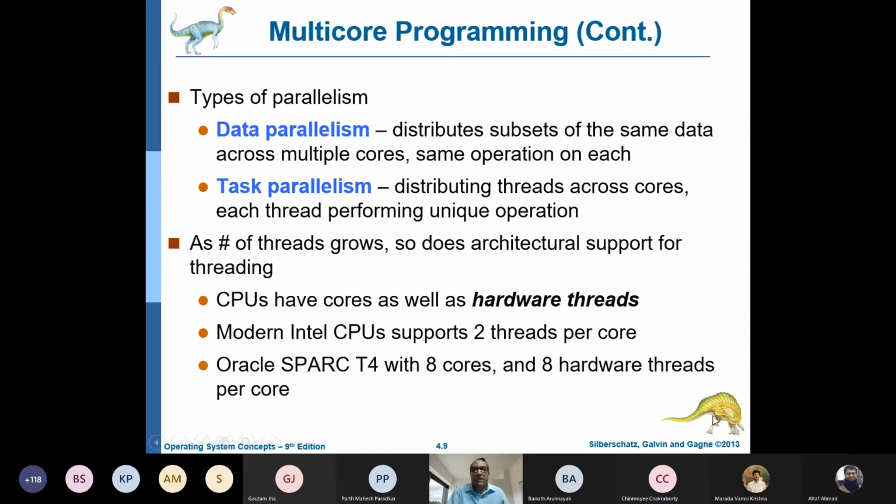That way, hardware threads mean that on a single CPU you can run multiple threads in a concurrent way. As I mentioned, suppose the instruction is a memory-based instruction where the data has to arrive from memory, which needs some amount of time, some 100 or 50 nanoseconds.